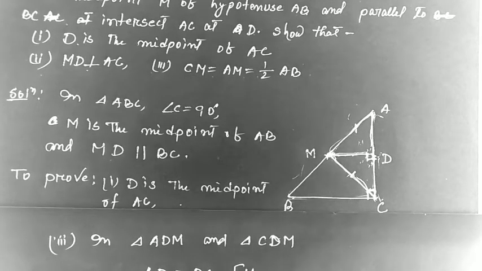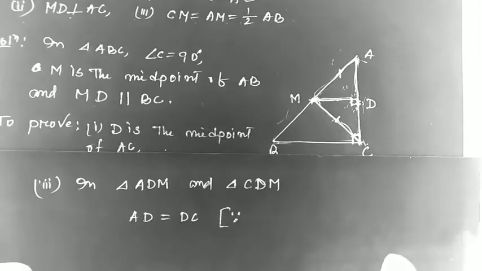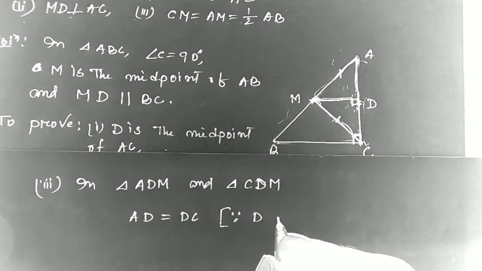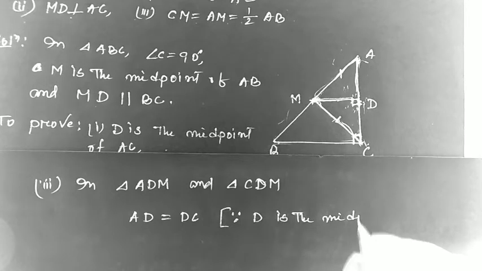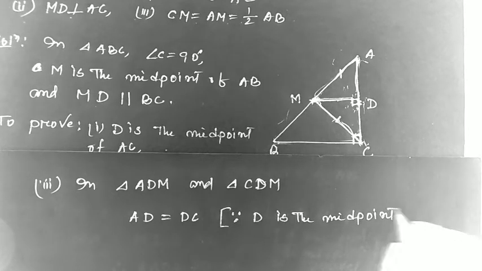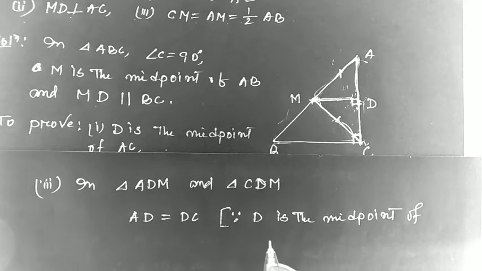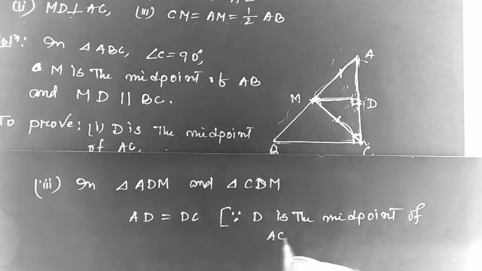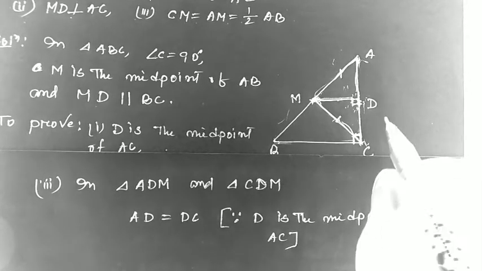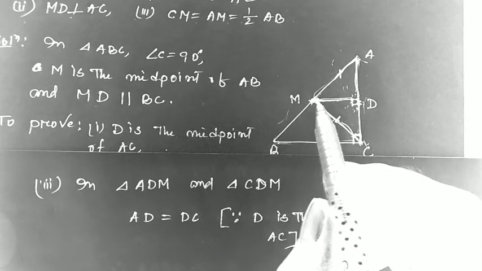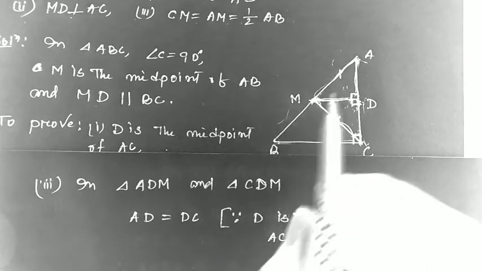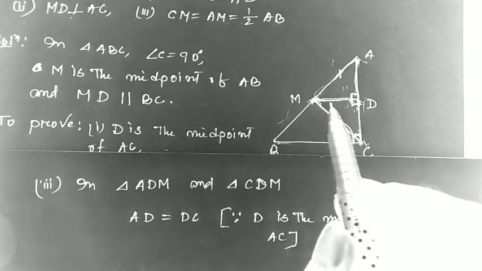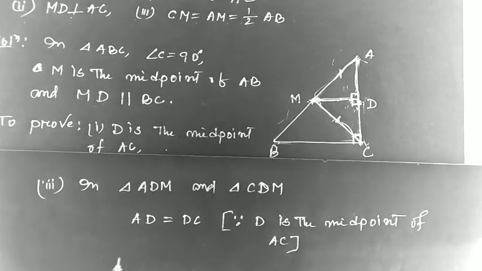From triangle ADM, AD is equal to DC, because D is the midpoint of AC.